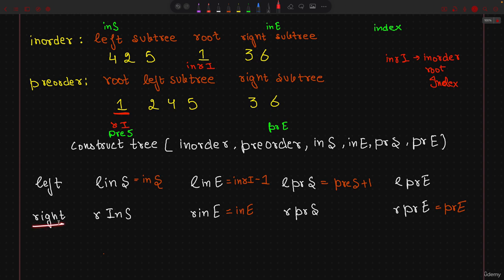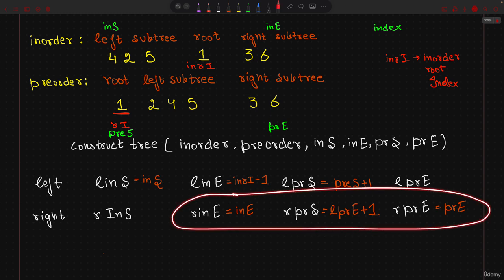Now let us come back to right. Once I find out this value, left pre-order end, all I have to do for the right pre-order start, I'm saying the right subtree pre-order start, is left pre-order end plus 1. So it is ending here. Once I have these 3 values, I know the length part.